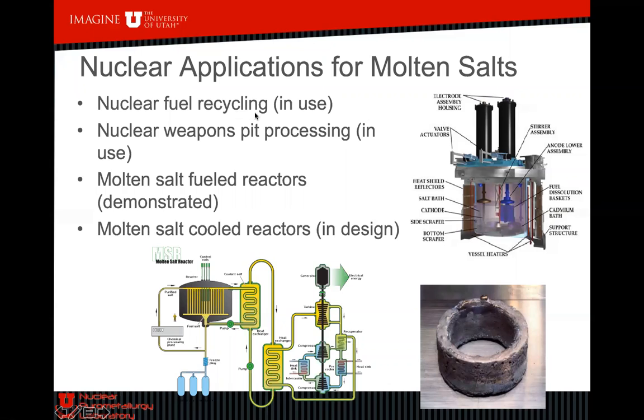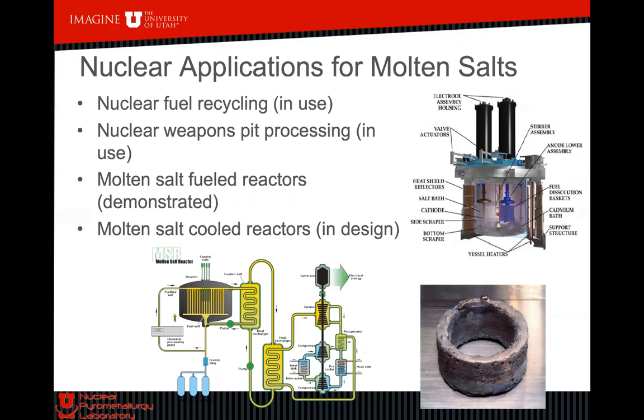First one, recycling. If I take a fuel rod that has metallic uranium or uranium oxide in it, that fuel has only been partially fissioned. There's still a lot of energy value left, a lot of fissile material left in that fuel.